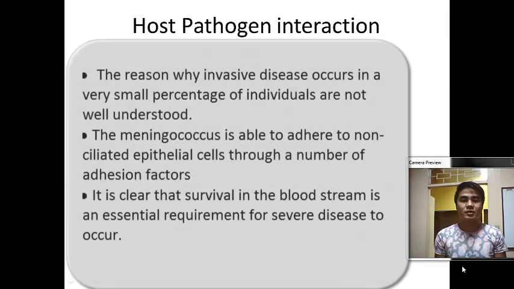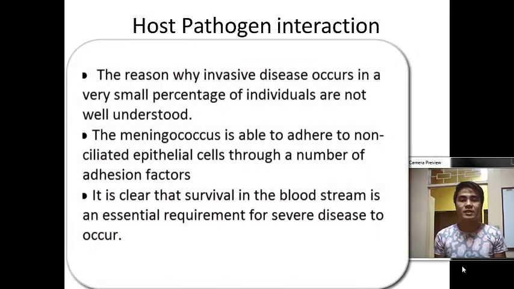Pathogen interaction. The reasons why invasive disease occurs in a very small percentage of individuals are not well understood. A variety of factors, including preceding viral infection, inhalation of dry dusty air, or exposure to passive smoking, have been associated with invasive disease. The meningococcus is able to adhere to non-ciliated epithelial cells through a number of adhesion factors, including pili.